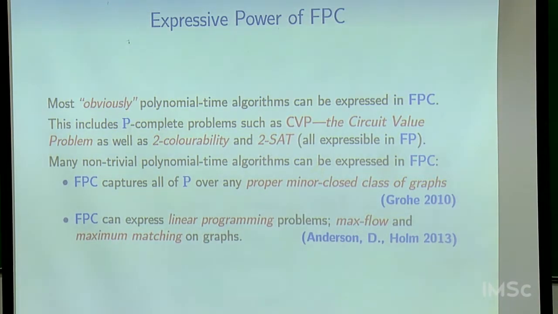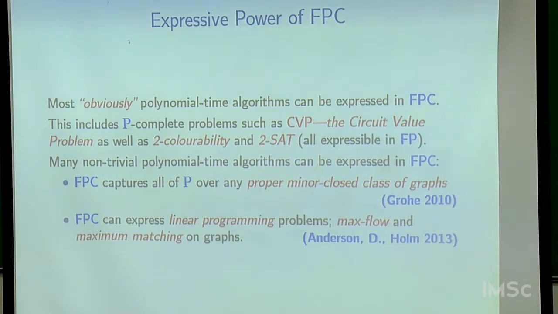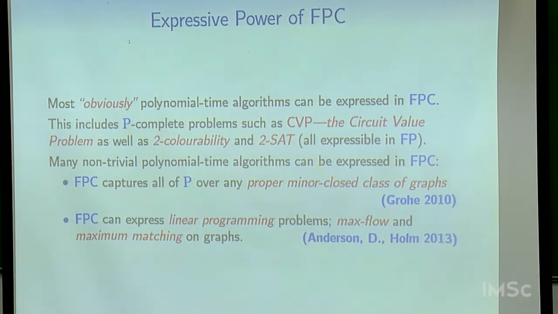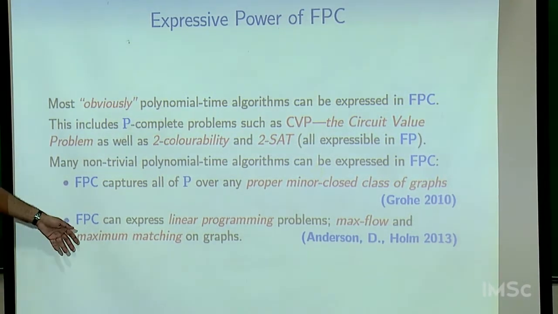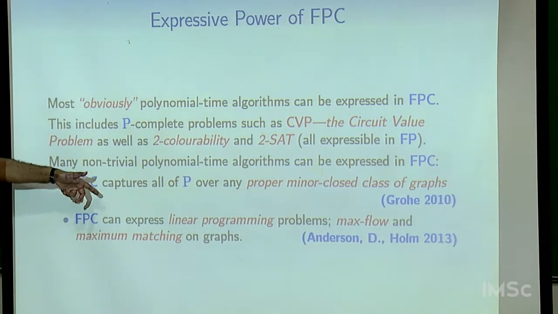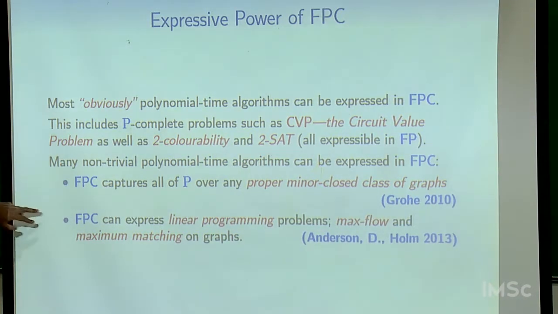And the ellipsoid method is powerful enough that it doesn't have to be confined to linear programs you can give explicitly, as long as you can define a separation oracle. And we use this to show, for instance, that maximum matching, or I should say, the size of a maximum matching in a graph is definable by an FPC formula. This resolved an open question that, in fact, refuted, I should say, a conjecture that Blass, Gurevich and Shelah had posed in about 98.